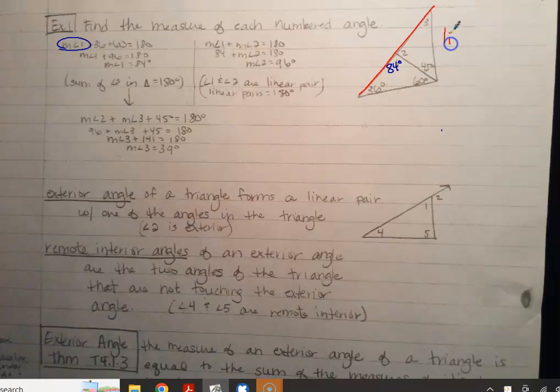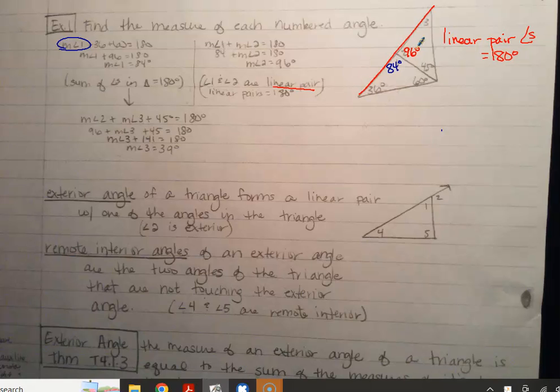So I know linear pair angles equal 180 degrees because it's a straight line. So I set up this equation. The measure of angle 1 plus the measure of angle 2 has to equal 180, because they're a linear pair. So 84 plus the measure of angle 2 is 180. I subtract 84, and angle 2 is 96 degrees.